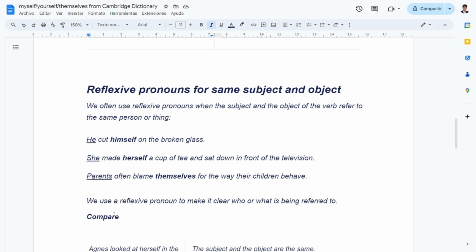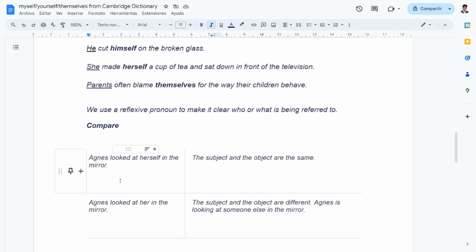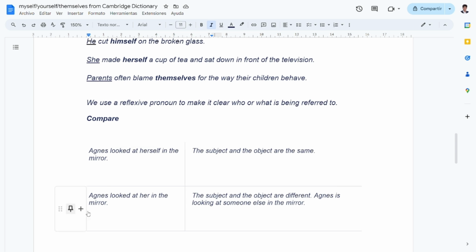So we use reflexive pronouns to make it clear who or what is being referred to. For example, Agnes looked at herself in the mirror. The subject and the object are the same person, in this case Agnes. Agnes looked at herself in the mirror. Agnes looked at her in the mirror. Check it out, that's totally different. The subject and the object are different.